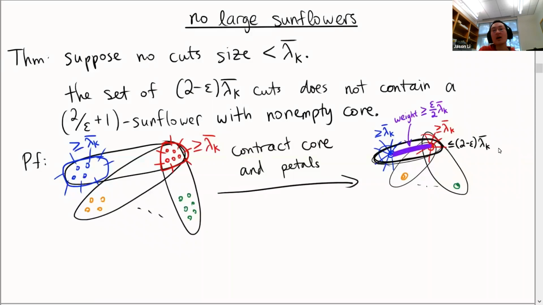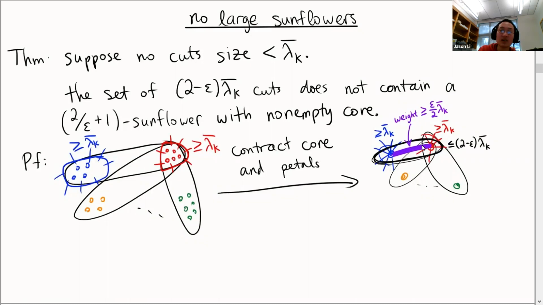I want to claim this can only happen if the number of edges between these two vertices, which in the weighted setting just means the weight of this edge between them, is at least epsilon over 2 times lambda k bar. Essentially, we need to double count a lot of edges here.